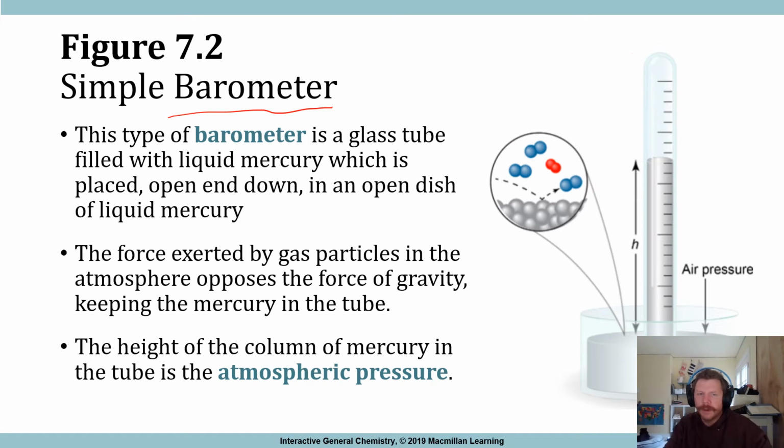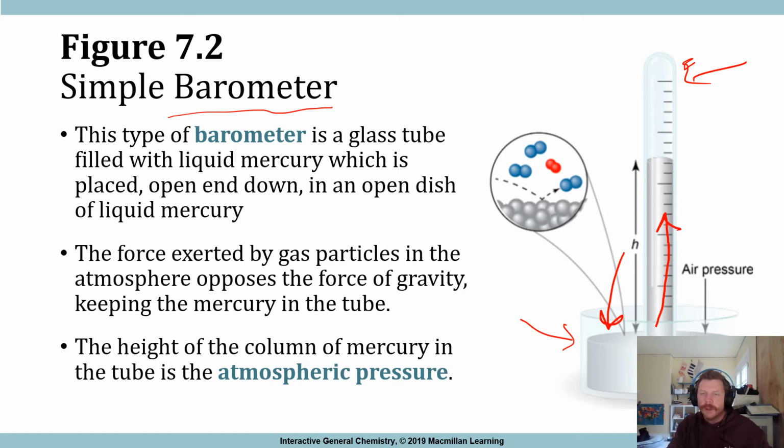If you look down here, you've got a pool of this liquid mercury, and the bottom of this tube has an opening that opens into that mercury. So the force exerted by gas particles onto the surface of the mercury is going to cause the mercury to fill this chamber right here.